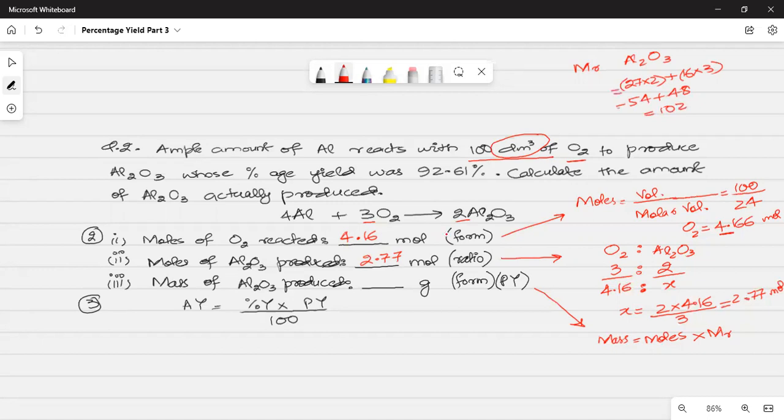Okay, I hope I'm correct. Do correct me if I'm wrong. Since I don't have the calculator, I'm doing it mentally, so I may be wrong at a point. Let me know where I am, if I am. Okay, so this is what we do need to do next. 102 is multiplied by 2.77 mole, which was the answer to the previous part of the question. What's the answer to this one?